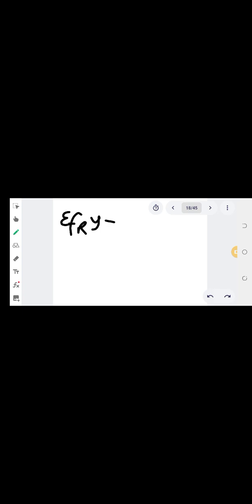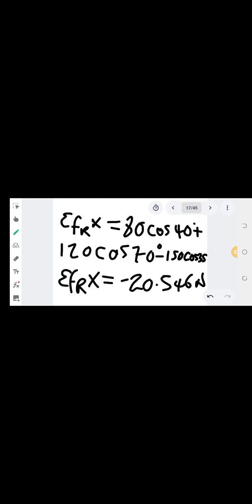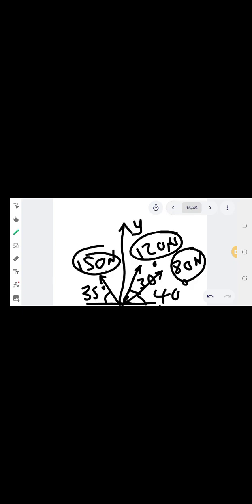So we have 80 sine 40 there, plus we move to the 120 newton force. For the 120 newton force, like I said, we are taking consideration of both angles, the 40 and the 30, because for us to count that it is an angle indeed, it must start from the x-axis up to the force itself.